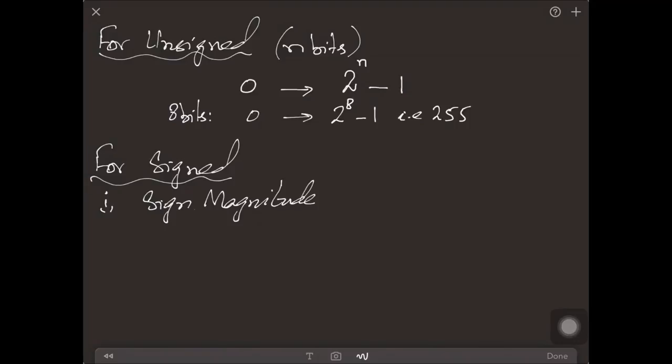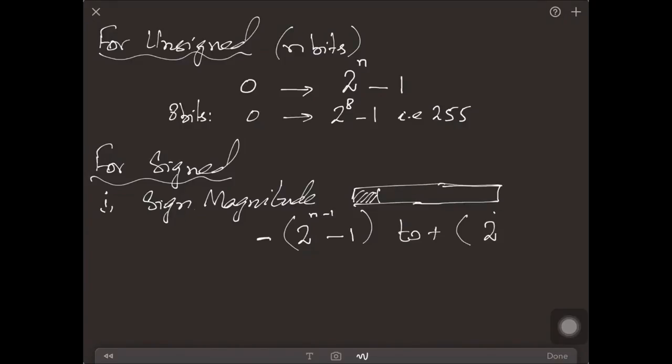In sign magnitude representation, we keep one bit for the sign and the rest of the bits are kept for the number. So the range that we can cover using sign magnitude is from minus 2 raised to power n minus 1 to plus 2 raised to power n minus 1.